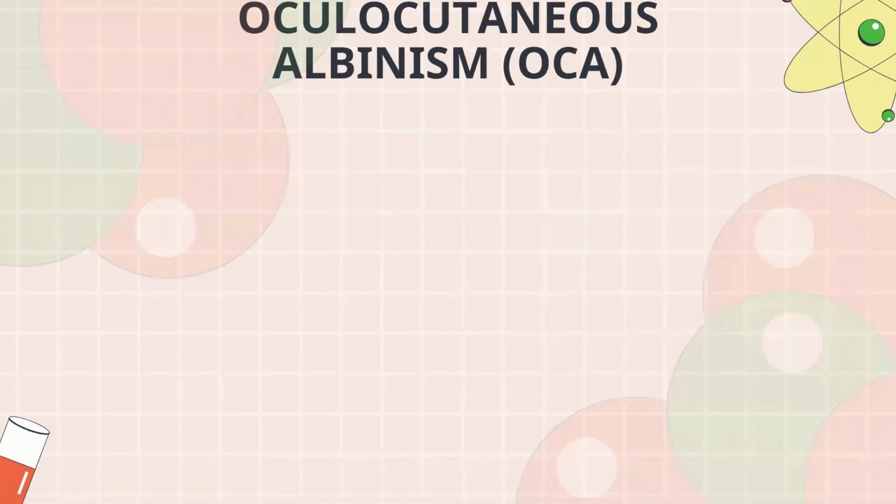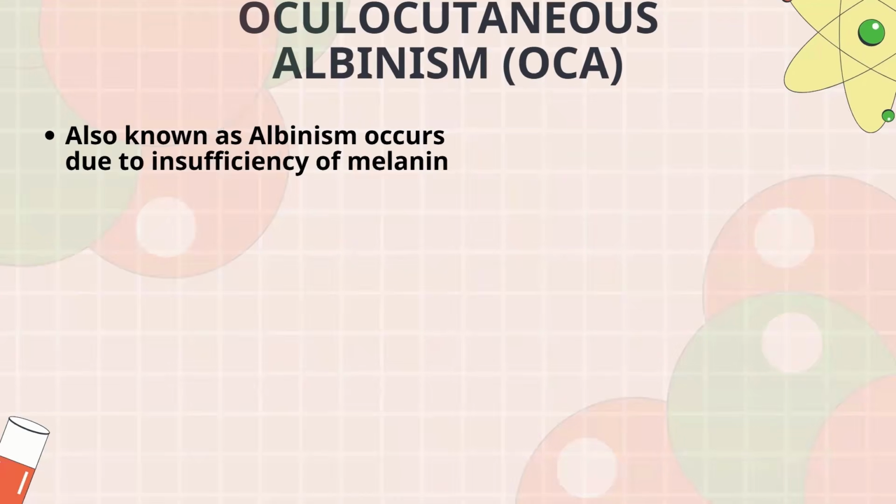So let's talk about a problem within the tyrosine byproducts, specifically in our melanin. Here we have oculocutaneous albinism, also short for albinism, which basically occurs due to an insufficiency of melanin. If you have heard of albinism, we have white hair and all of this because we don't have much melanin to help express the features of our body. This might be caused by two things.